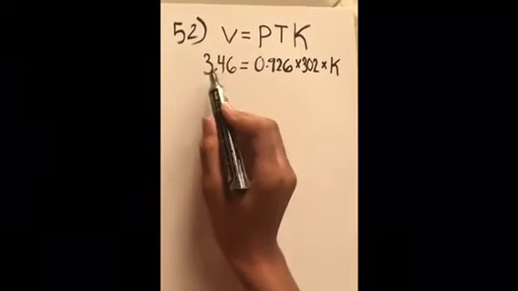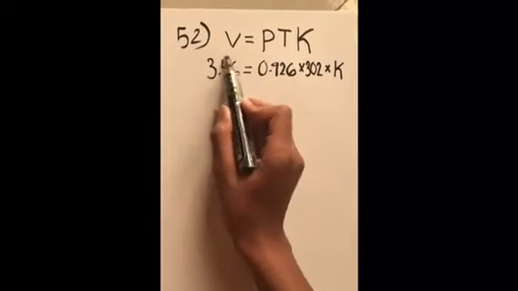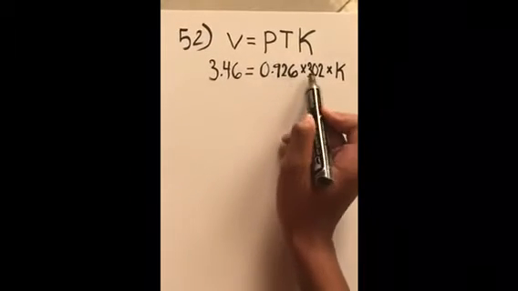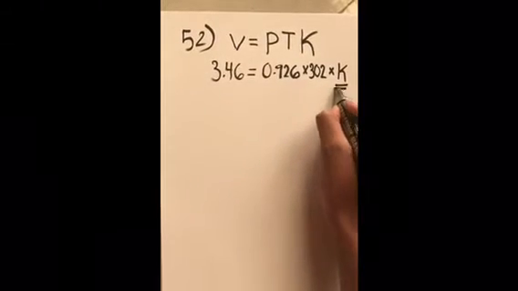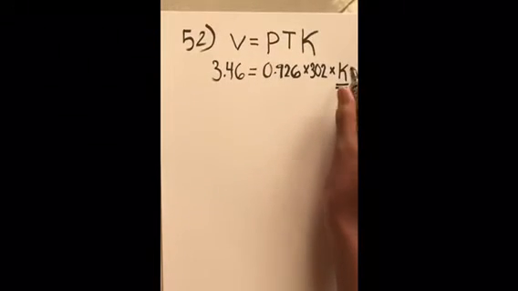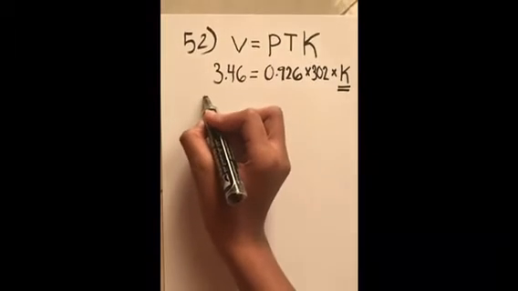So now that we have our equation set and we have the values for the volume, the pressure and the temperature, the only thing that's left out is K, and it's the thing that we need to solve the question. Now we're going to do the math.